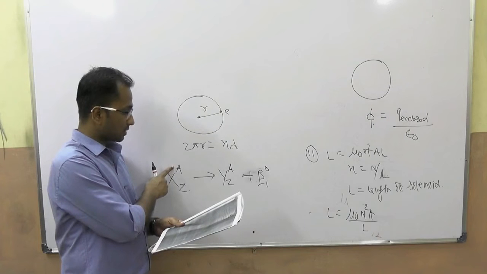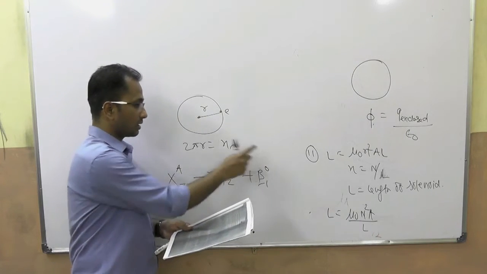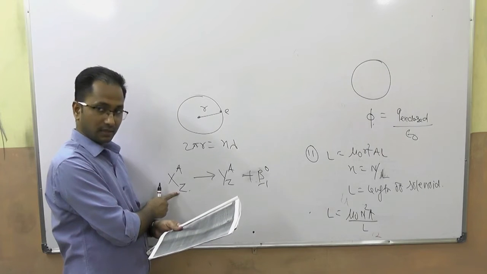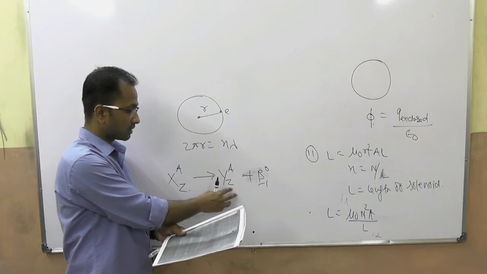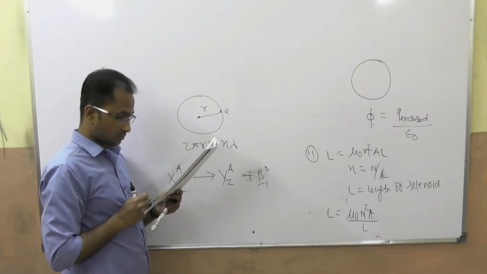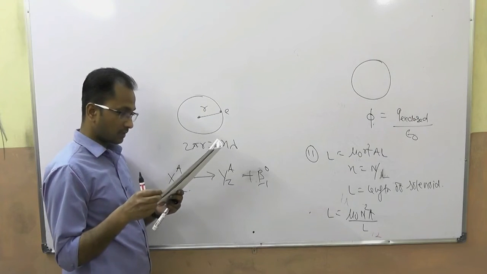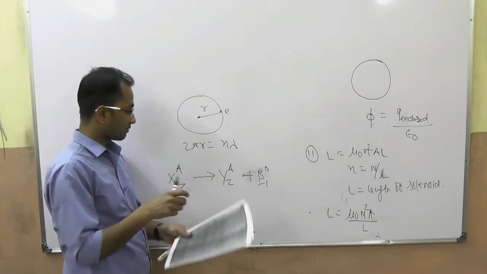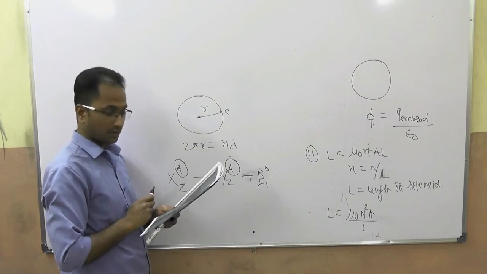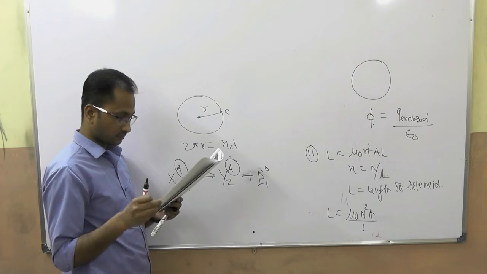So the mass number is A here, A here also. The atomic number is Z on the reactant side, but on the product side it is Z plus 1. So in beta decay, the parent and daughter nuclei have the same mass number.